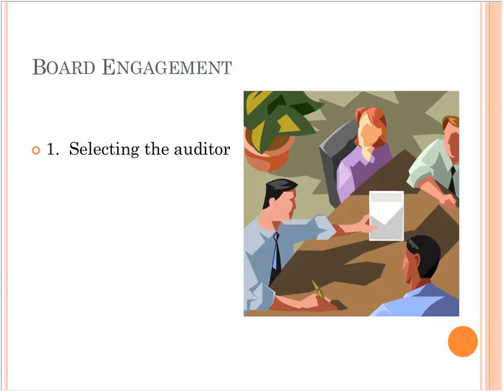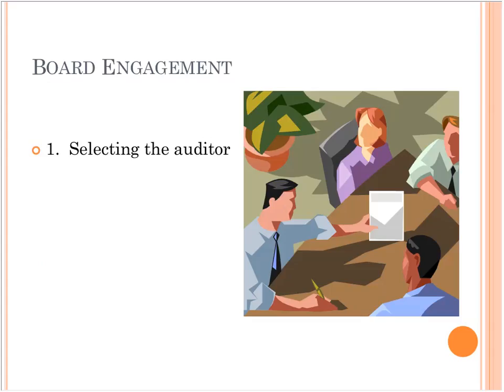It is important to point out that the relationship for the audit is between the auditor and the Board of Governance. The relationship should not include the staff of the organization. The staff of the organization are there to make the audit possible, but the legal relationship is actually between the board of the organization and the auditor.